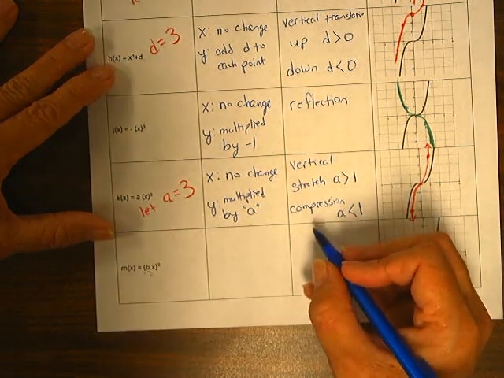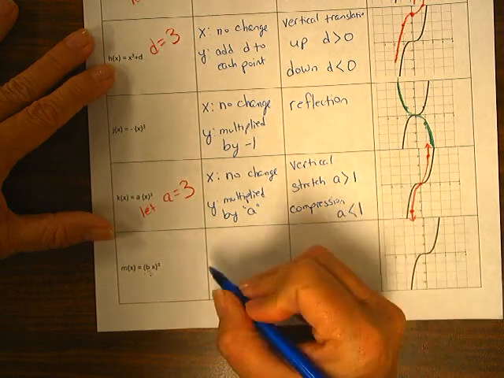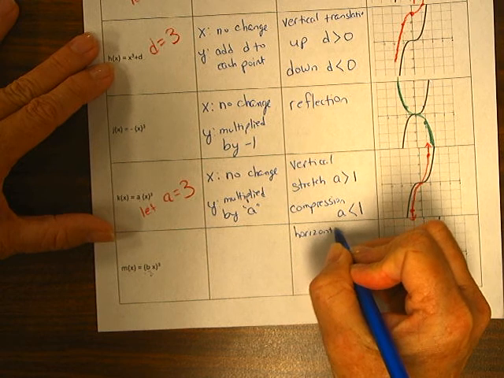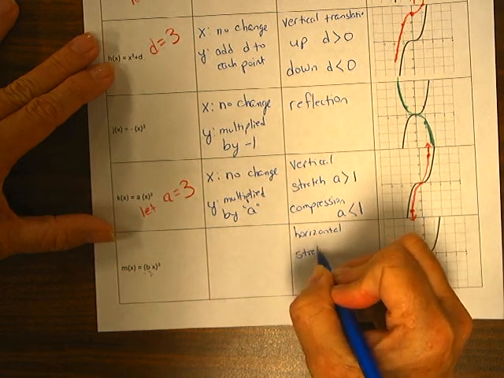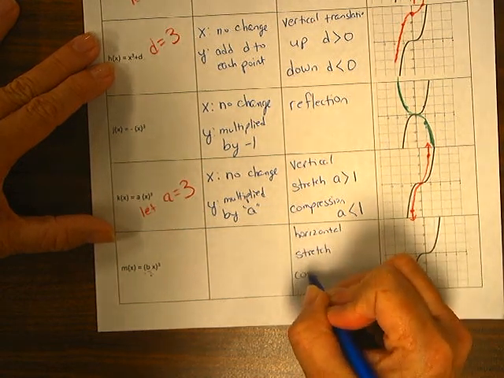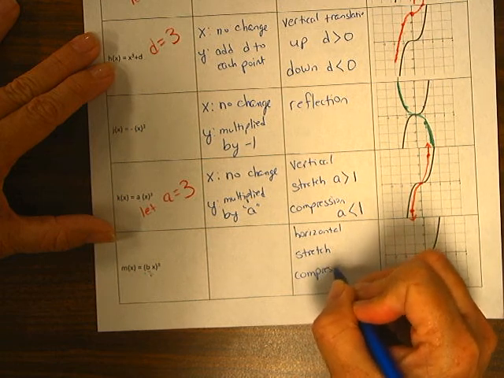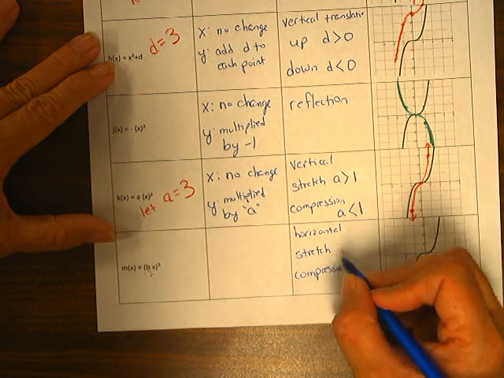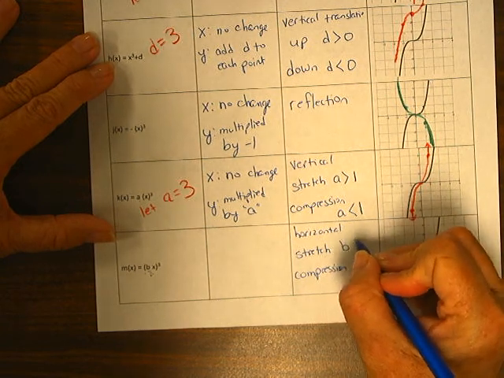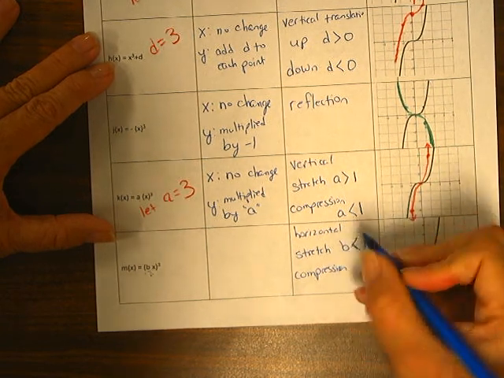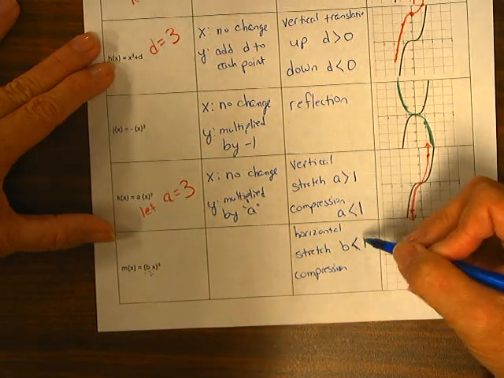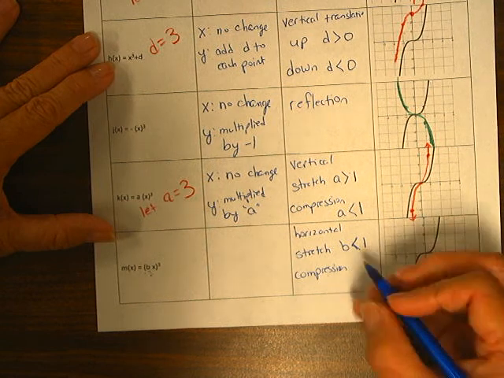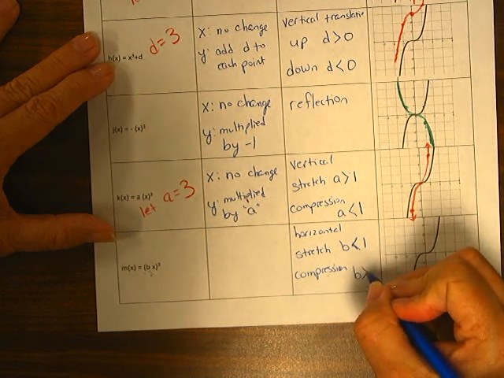Okay. So to find what b does, I want to tell you first of all, it causes a horizontal stretch or compression. So we get a stretch if b is less than 1. So notice this is the opposite of the vertical. We get a compression if b is greater than 1.